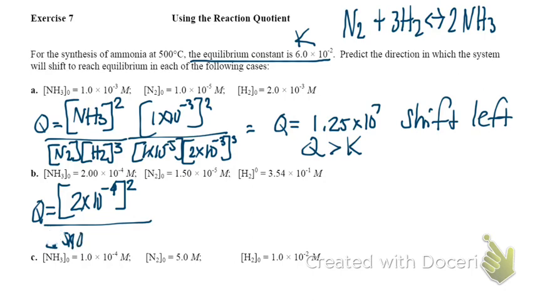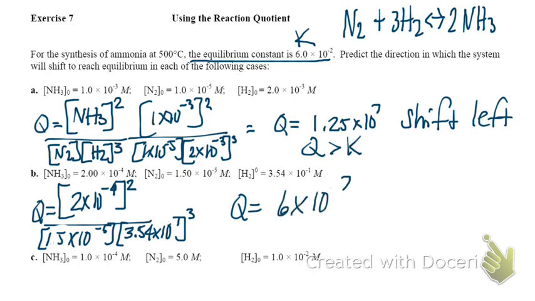All right, that is... So when we do that math, we get Q is equal to 6 times 10 to the negative 2. So Q is equal to K. So no shift. It's already at equilibrium.